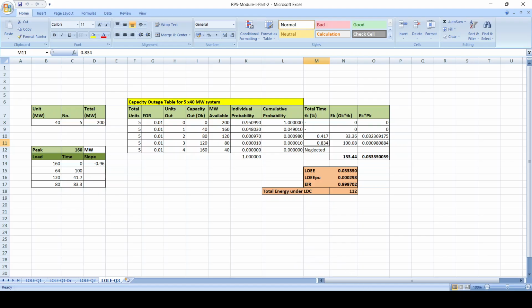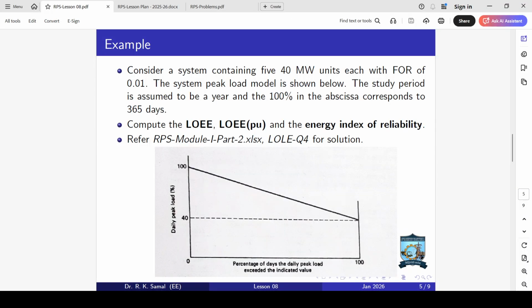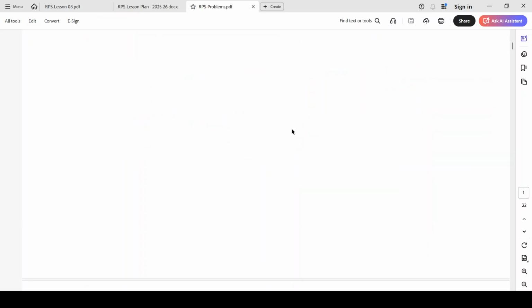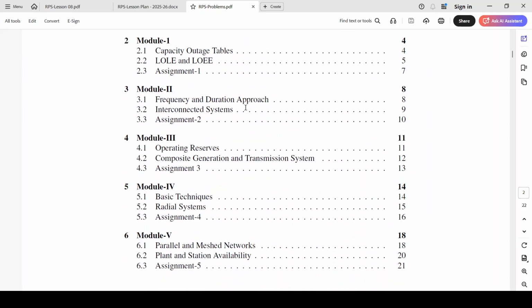So now we'll go and complete the rest of the slide. Okay, now this corresponds to question number 4. So what is the corresponding problem set? We'll go to the problem set and see here. So we have completed prerequisites.